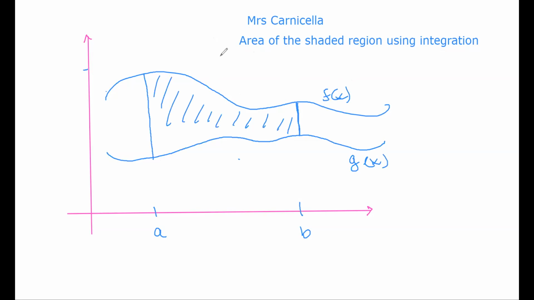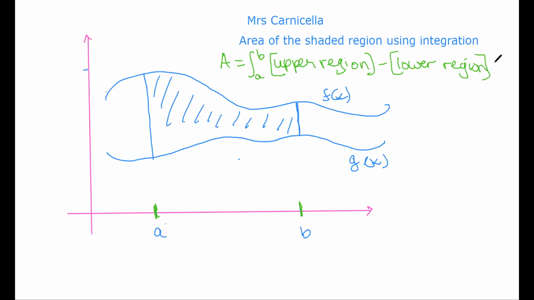So I always write it out, and I say, all right, the area is going to equal the integral from A to B, so from here to here, of whatever the upper region is minus the lower region dx, because it's from x to x here.